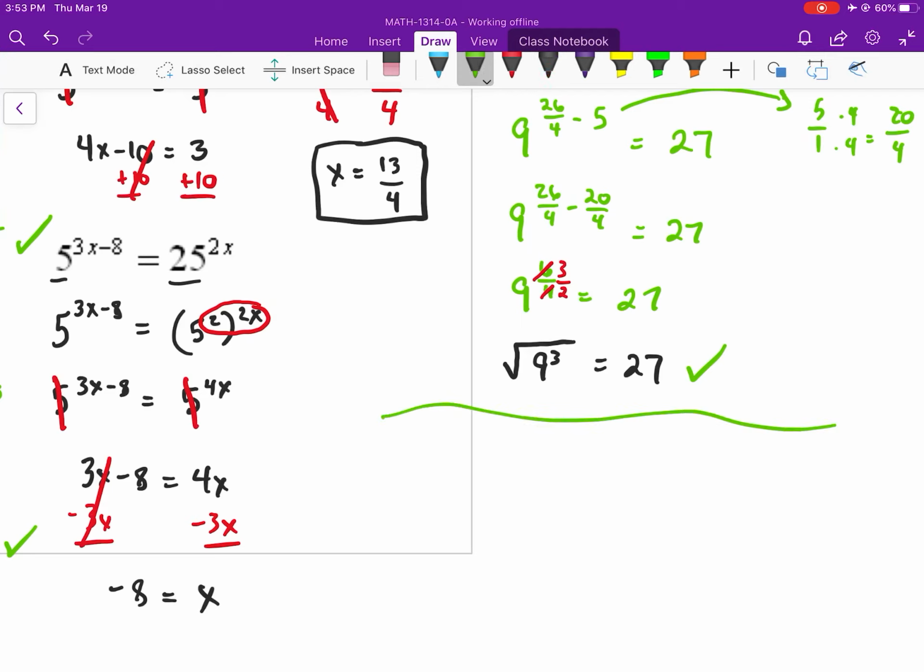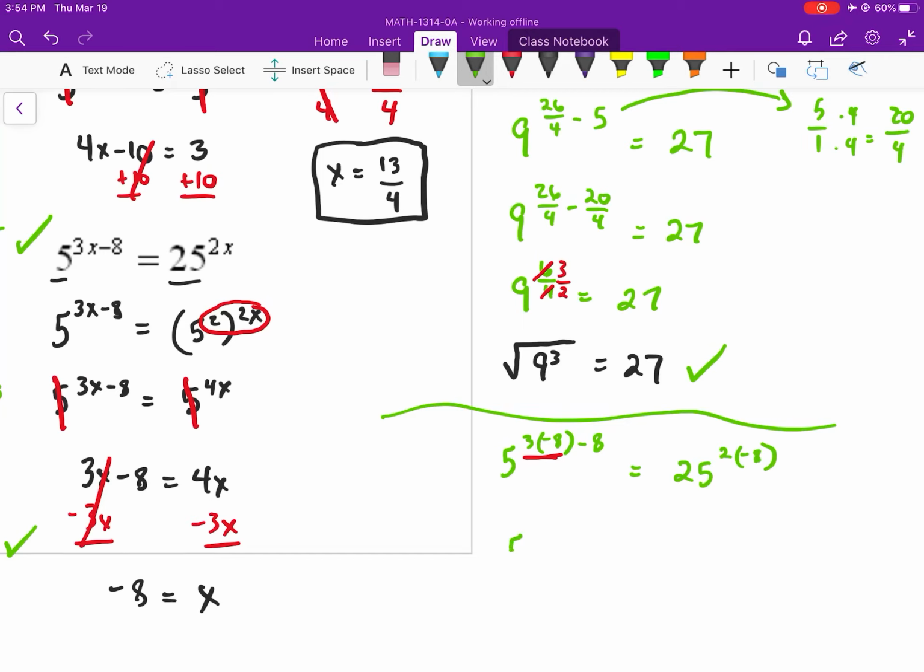All we need to do now is check it to make sure that it does check. So again, we go back to the original. 5 to the power of 3 times negative 8 minus 8 equals 25 to the 2 times negative 8.